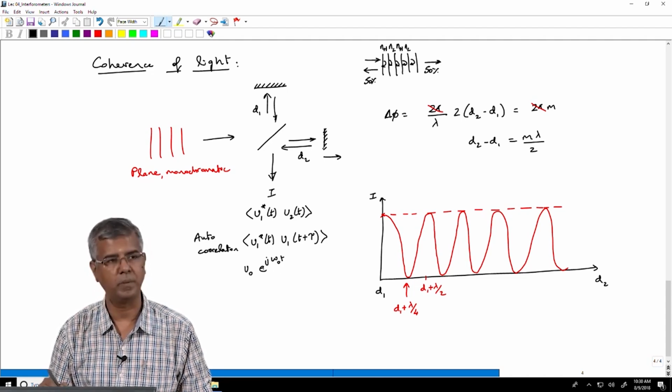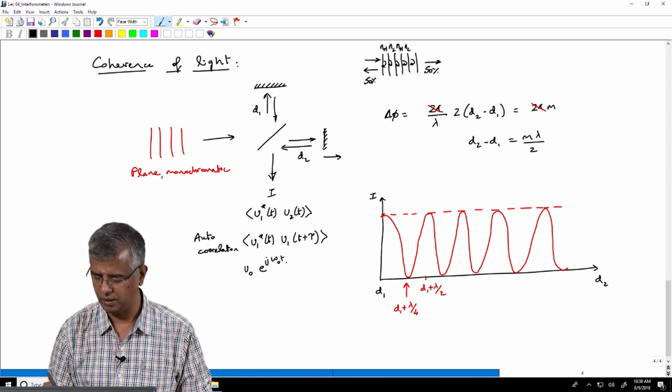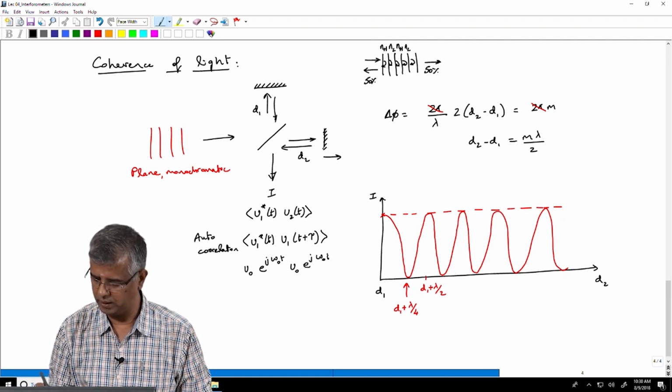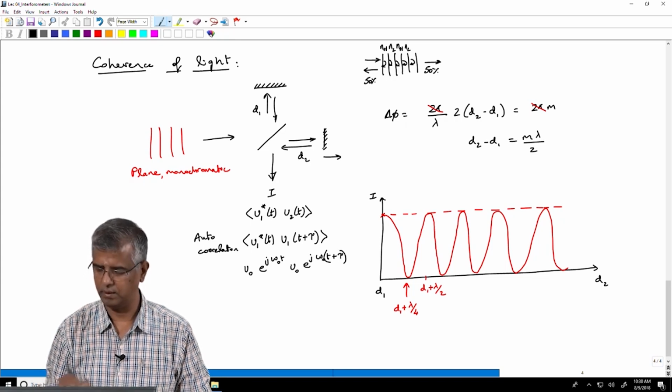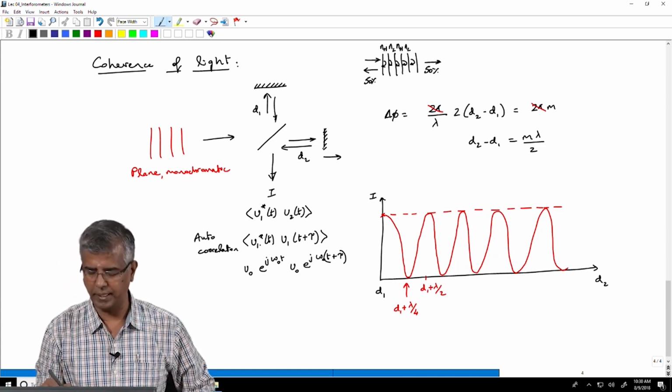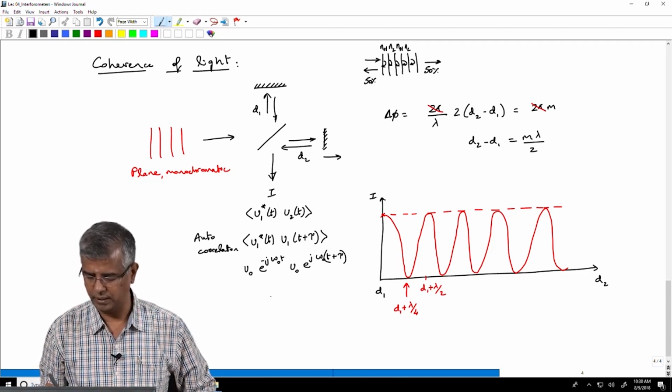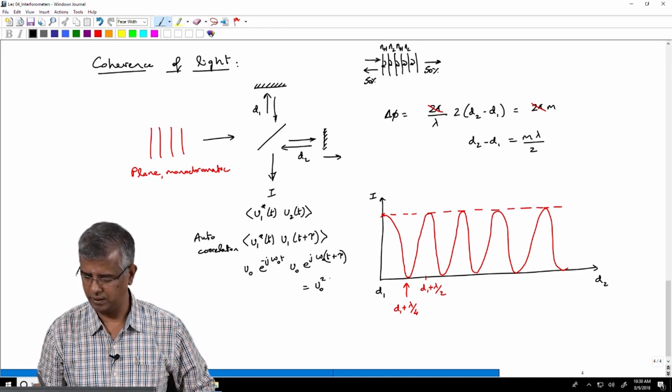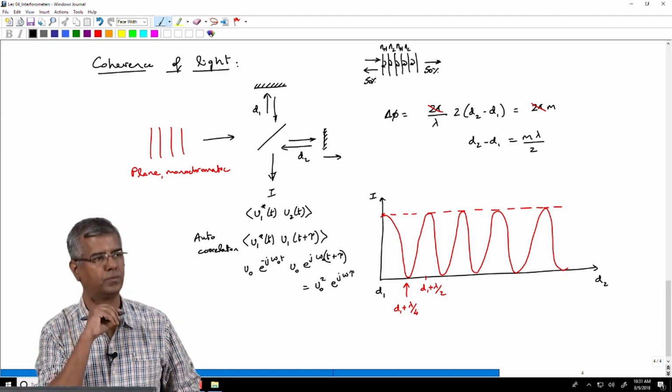If it is a monochromatic source, then u1 is u naught e power j omega naught t, and this one is u naught e power j omega naught (t plus tau), right. And if you take a conjugate of u1, that corresponds to minus over here. So, what you get out of there is basically u naught square e power j omega tau, right.